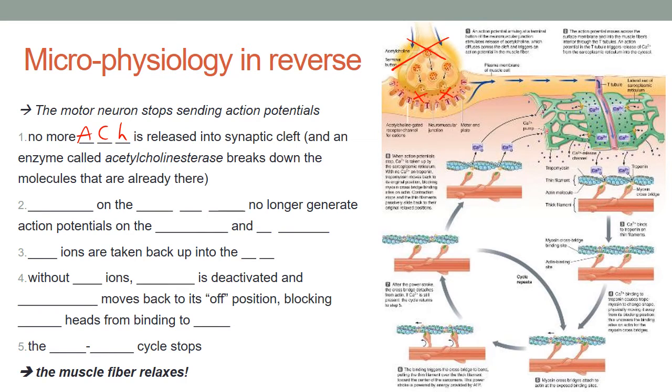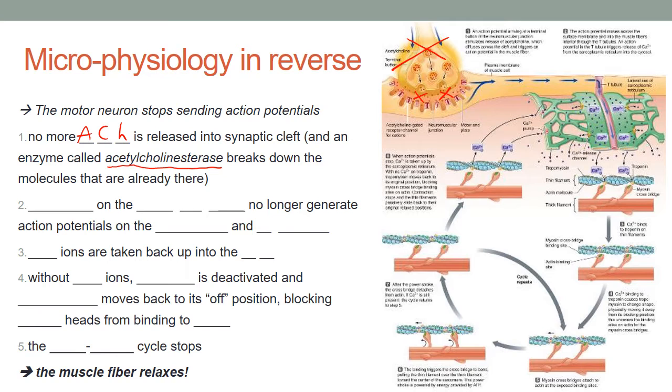The acetylcholine that's already there, though, still has a little bit of time before it goes away. There's an enzyme called acetylcholinesterase that breaks down the acetylcholine molecules that are already there so that we don't have muscle contractions going on forever.